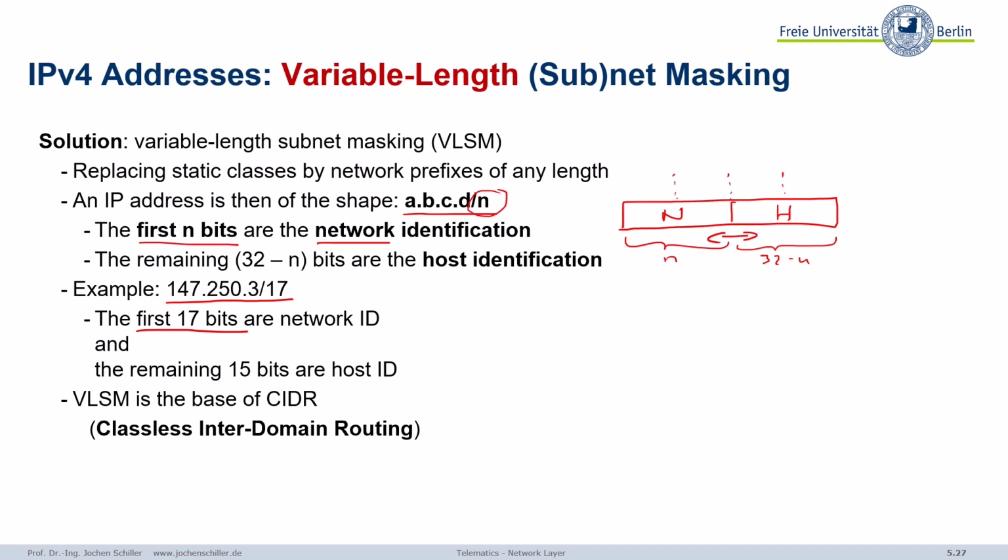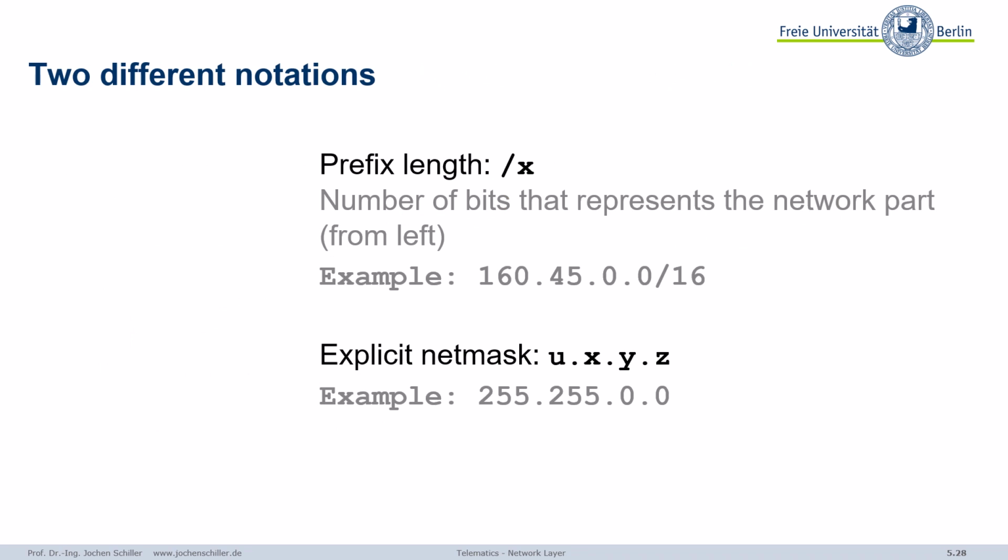So the two different notations are, we write explicitly the prefix length. So we write the number of bits that represent the network part from the left. So /16. Oh, this could have been this classical class B address. So 8, 16, 24. So these are exactly the borders of the bytes. Or we can also write it in the form of an explicit net mask. So telling, okay, how many bits we have here.